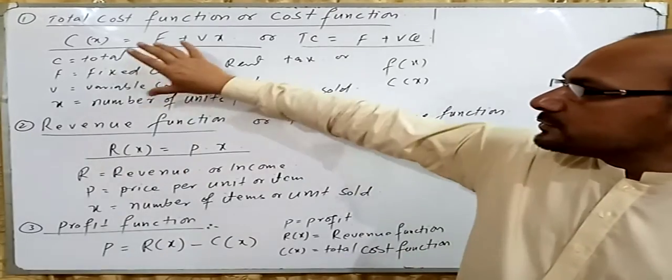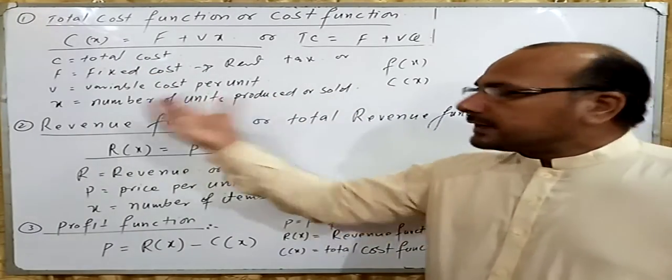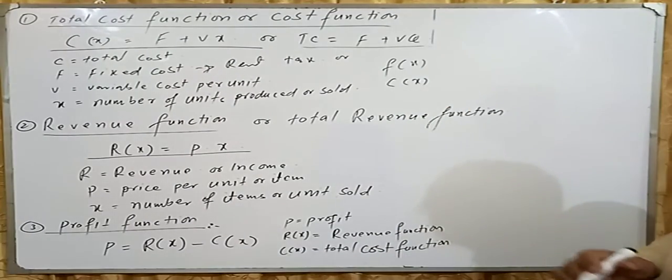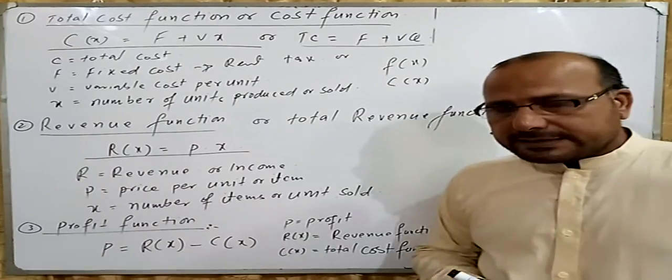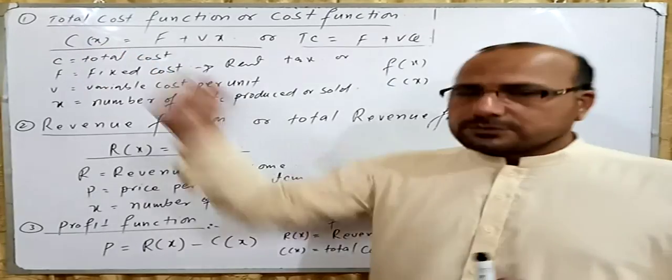But we can use this particular function to get any of these four. If the fixed cost is given, you can find out the variable cost, the quantity, or the total cost.